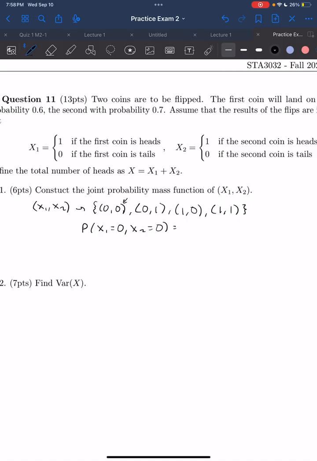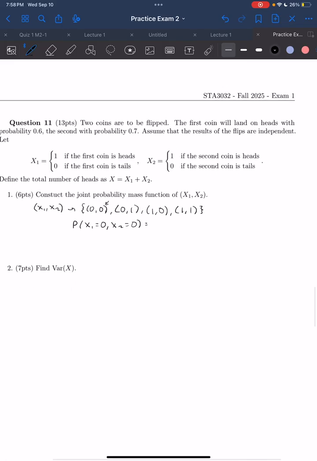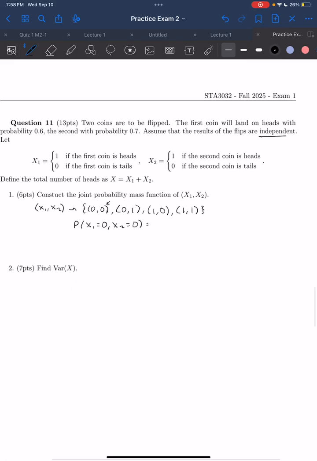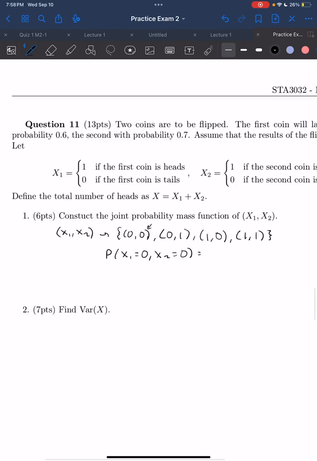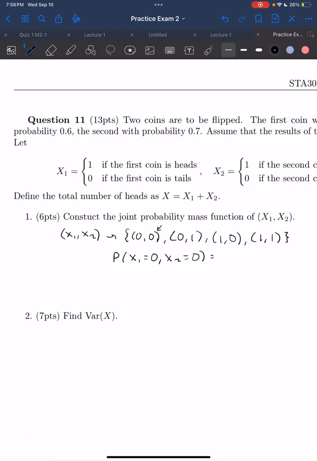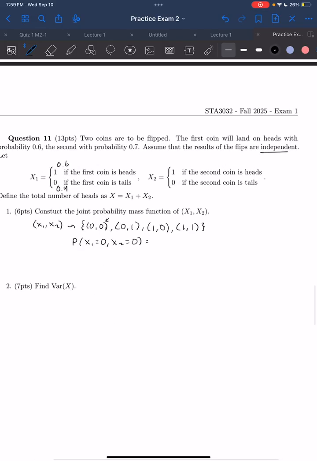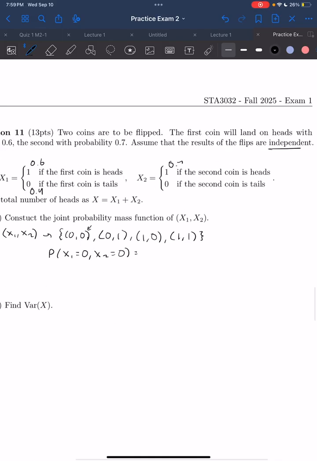And since they're independent, as stated here, we can just multiply the probabilities. So for the first coin, it's a 0.6 probability of getting heads and a 0.4 for getting tails. And then here it's 0.7 and 0.3.